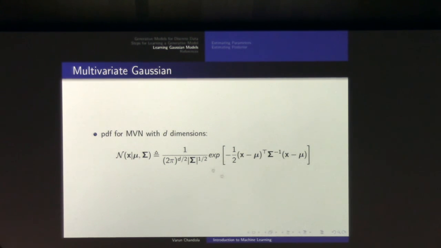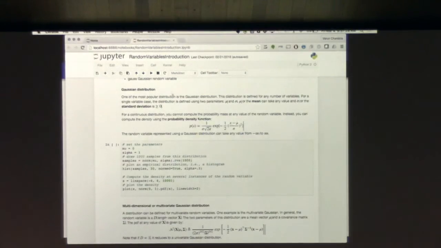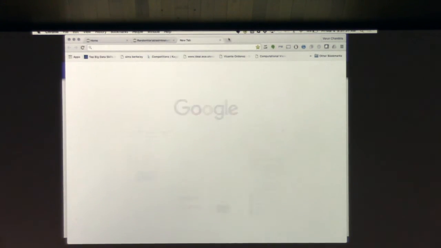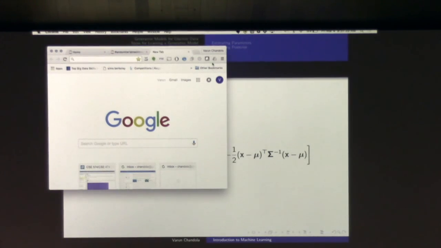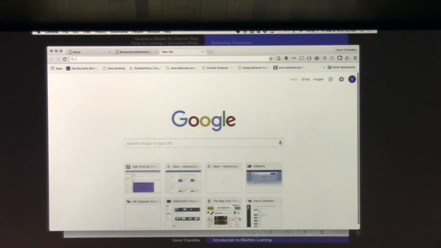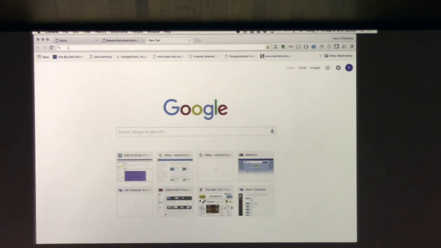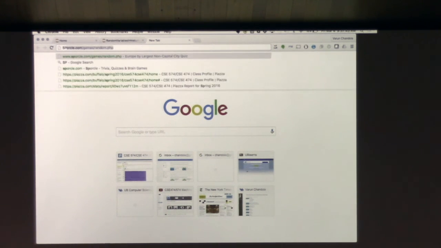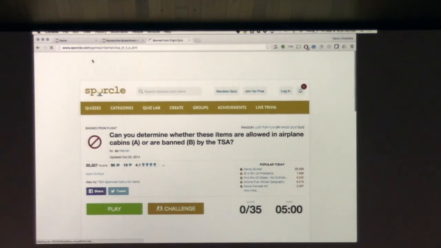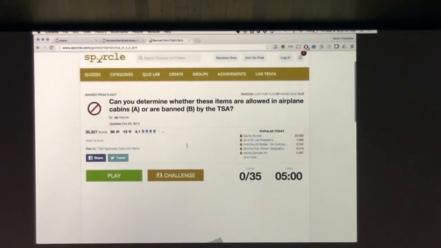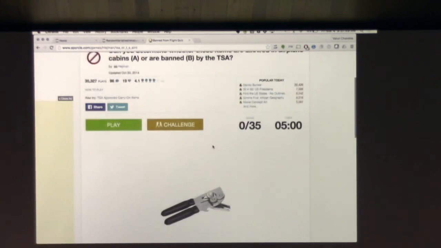In fact, there's a very interesting website that somebody forwarded to me. It was like this online trivia website. It was called Sporcle. So this is a website where you can play these trivia games, some random games.